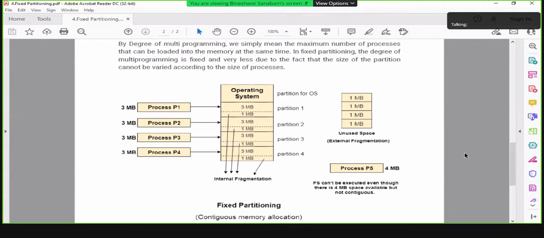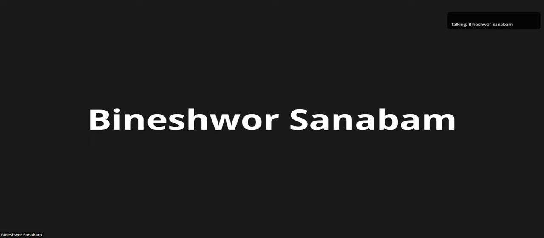The main point is there may be internal fragmentation, that is internal wastage of memory inside the partition, and there may be external fragmentation. There may be some unused space, but it cannot be used for another process. So, coming to the next type of partitioning.